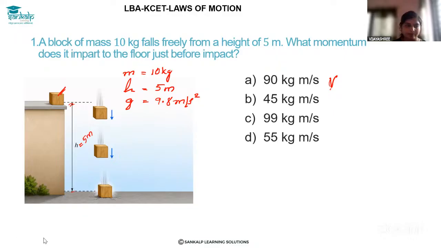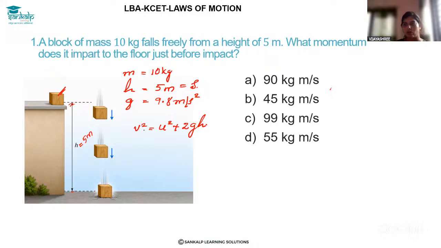V square is equal to U square plus 2G into S. Here I am taking H as S, 2G into H. Where V is final velocity, U is initial velocity, G is acceleration due to gravity, H is height or displacement, the total displacement covered by this block.